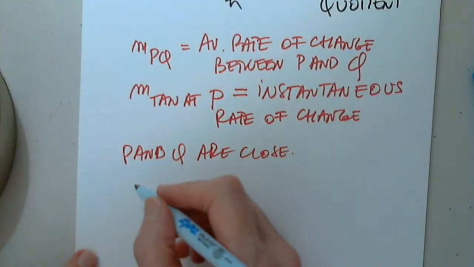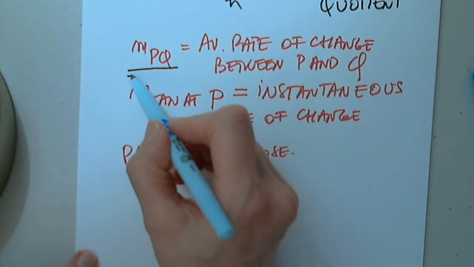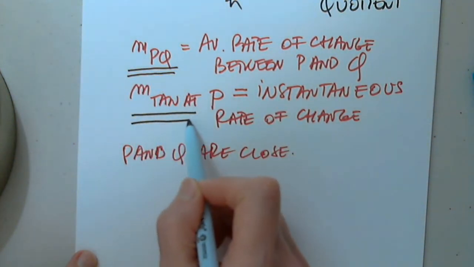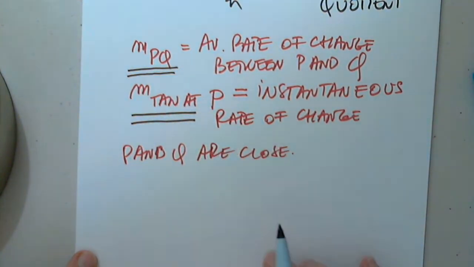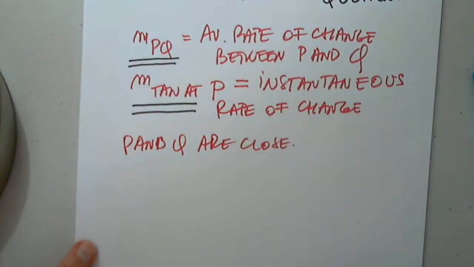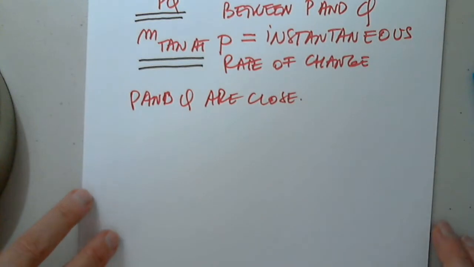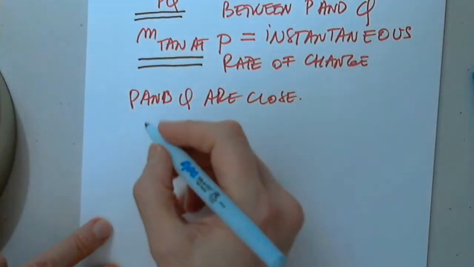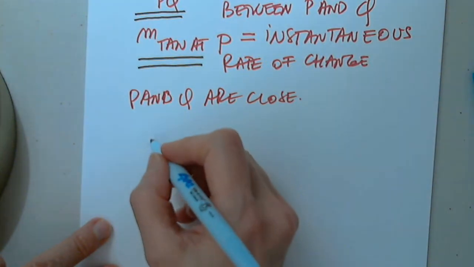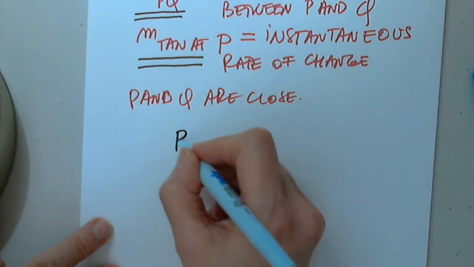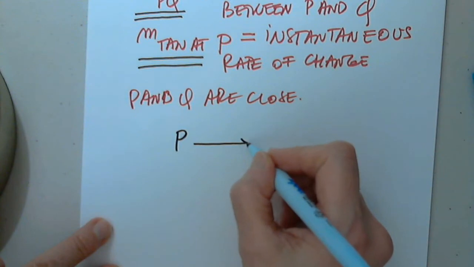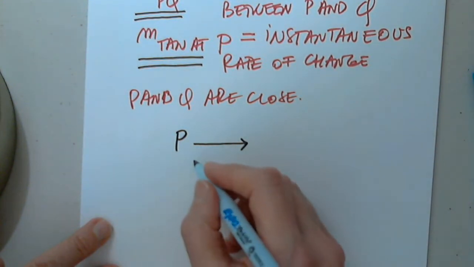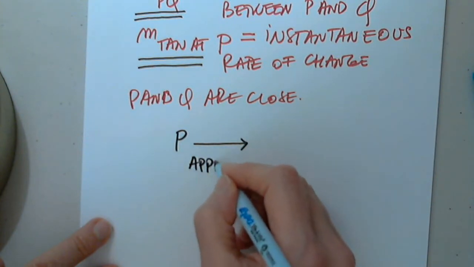how do we get from the slope of the secant line to the slope of the tangent line? How do we connect these two? Here's how we connect them, and then we can work on problems. Okay, so if P, this symbol, this arrow, we normally translate it as approaches.